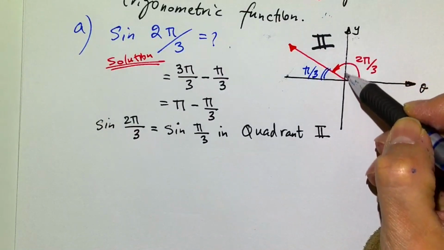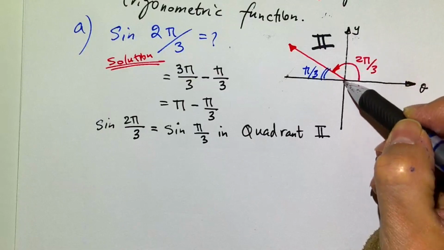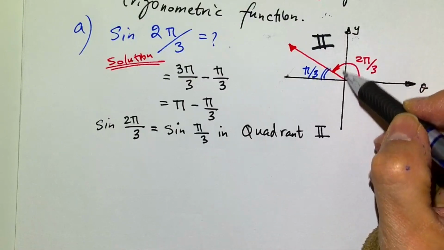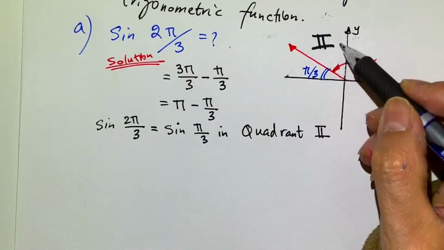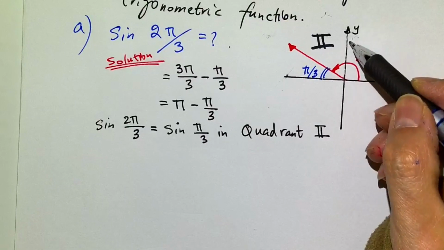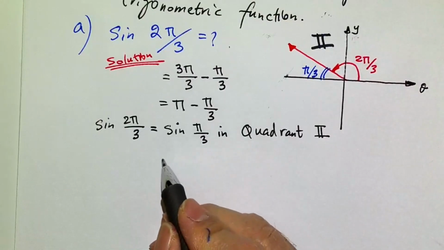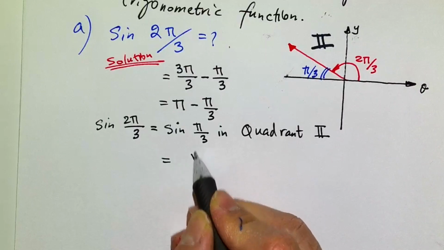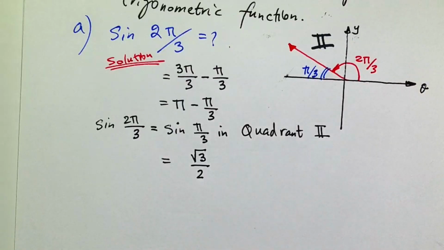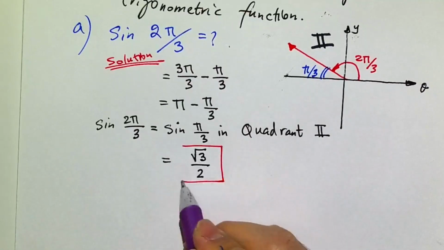The sine function represents the y-axis, right? What is the algebraic sign of the sine function in the second quadrant? Is it negative or positive? It's positive, right? So therefore we have positive square root of 3 over 2. Okay, so this is our final answer for that.